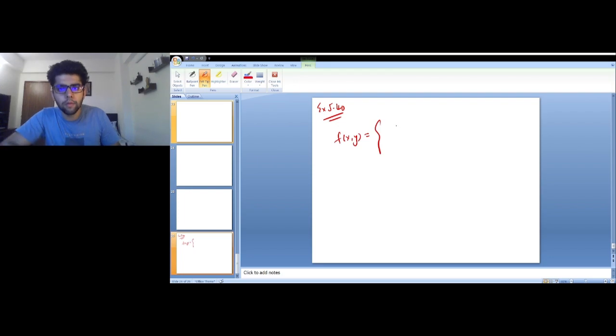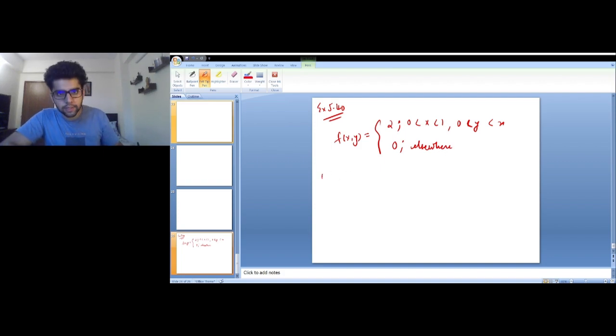So this is the joint probability density function, where my x lies between 0 and 1, and my y lies between 0 and x. My y lies between 0 and x, right? And it is 0 elsewhere.